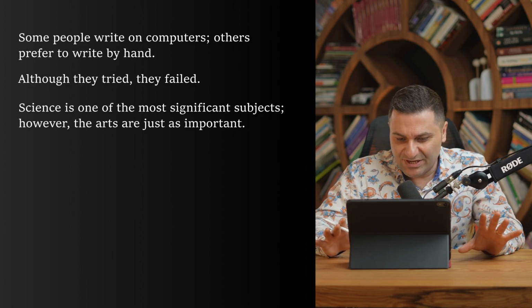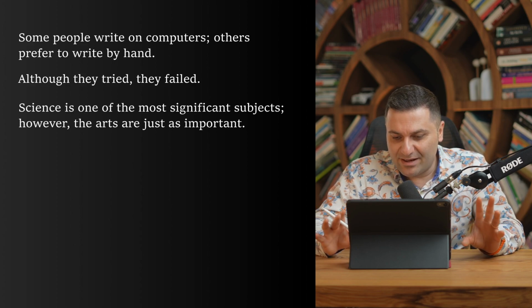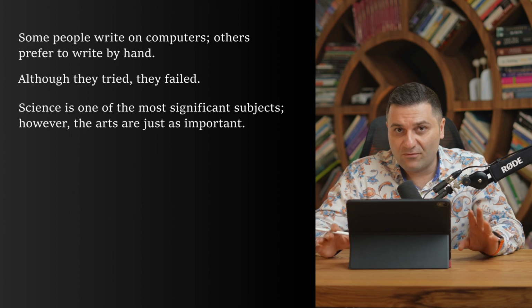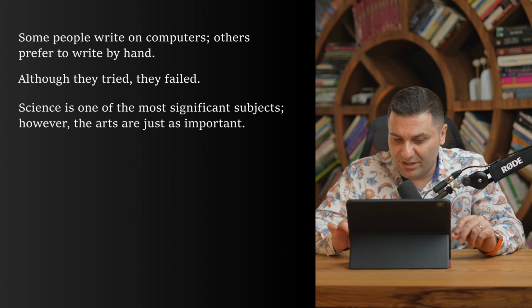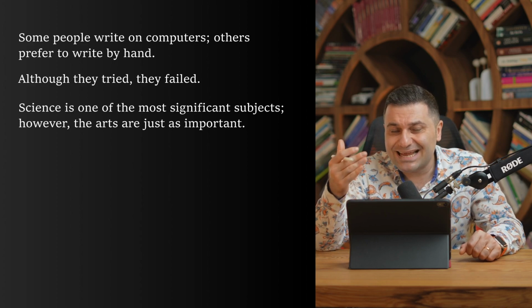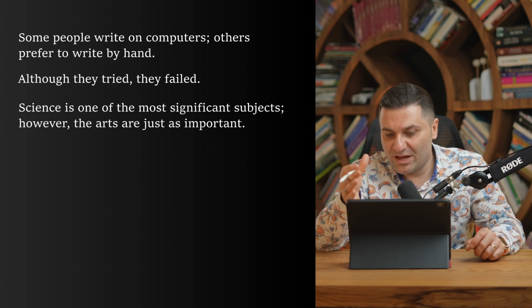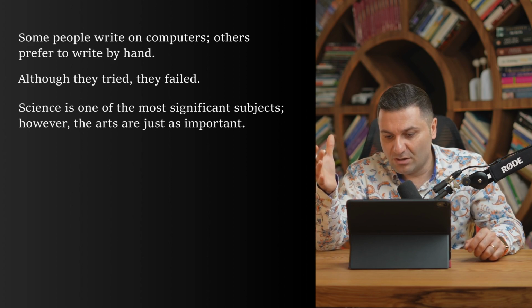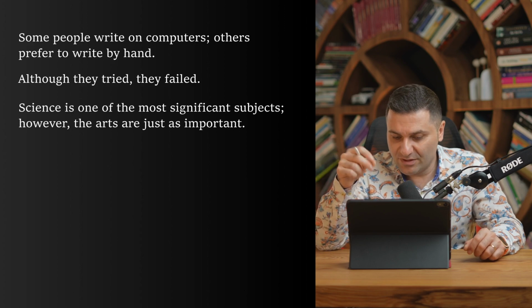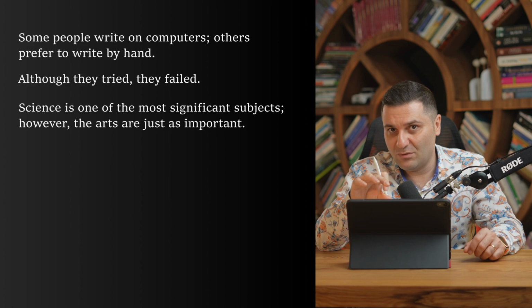So as you can see, we have used however here, and it introduces a complete sentence, right? So after this, we have a complete sentence: the arts are just as important. So in this case, we use semicolon before however.